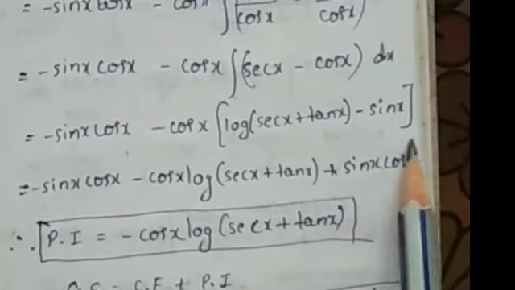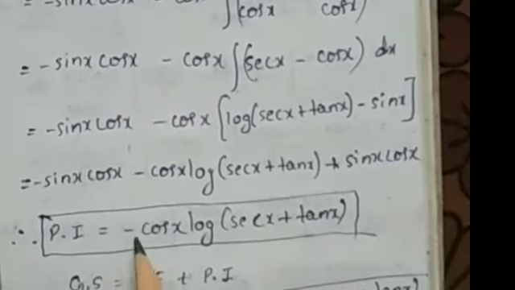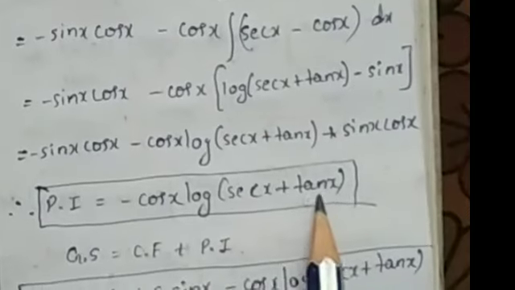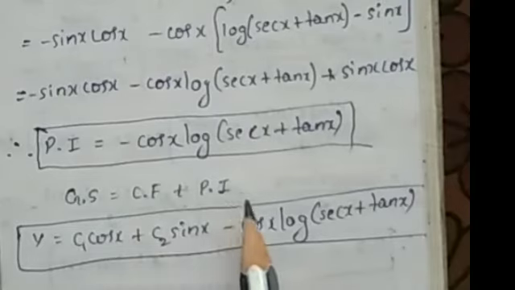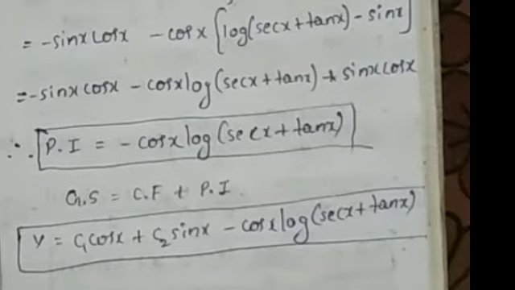Minus sin x cos x plus sin x cos x get cancelled. You get the particular integral equal to minus cos x log of secant x plus tan x. Then you find the general solution. The general solution is the complementary function plus the particular integral. You add both, and then you get the general solution.